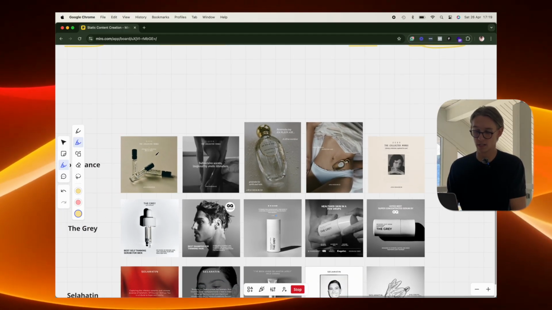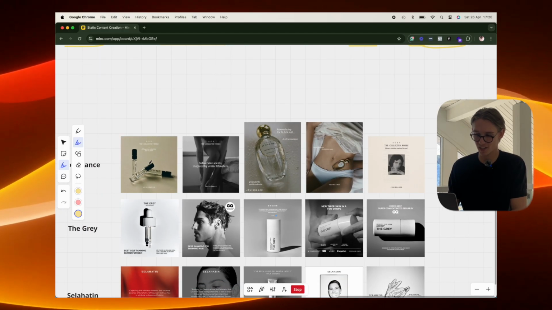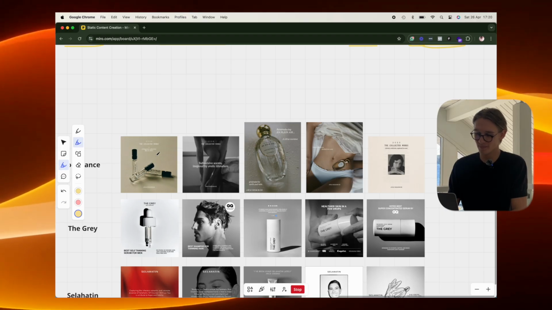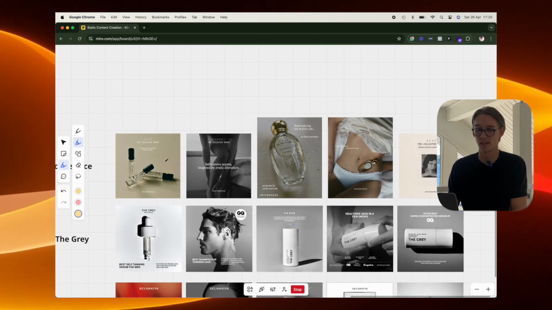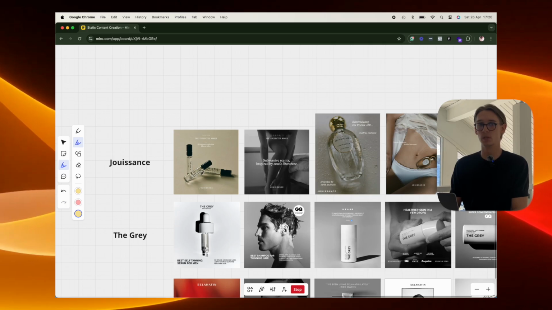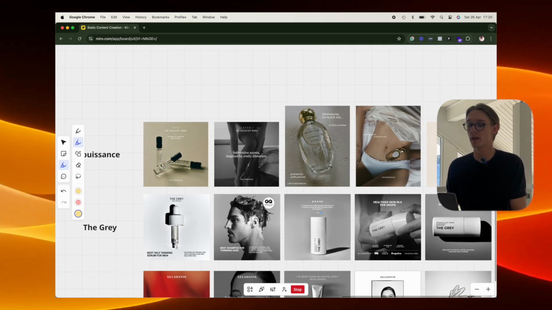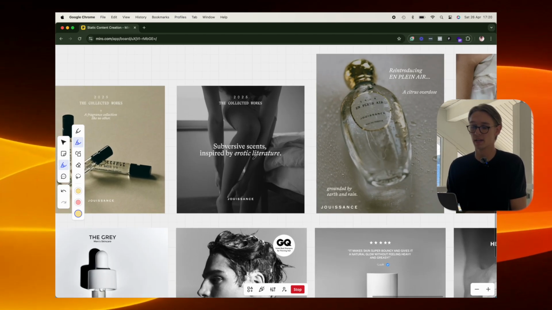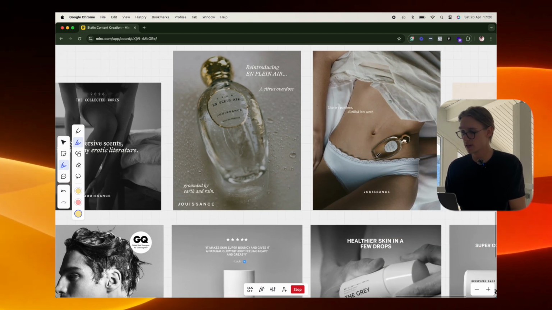angle. Why? Because we actually tested all of them. We tested the press articles, the customer reviews, the pain point solution, everything. But we just noticed that really going into the erotic literature from Esygn just works the best, as it's a very new brand and their customer base is very much attracted by erotic literature, submersive scents.